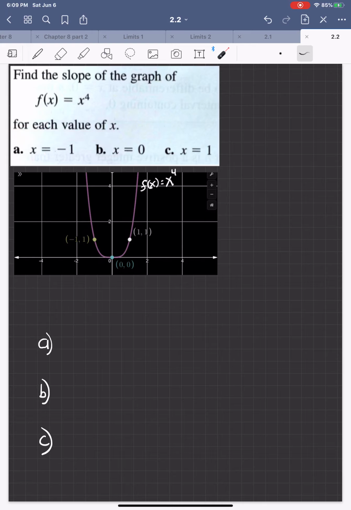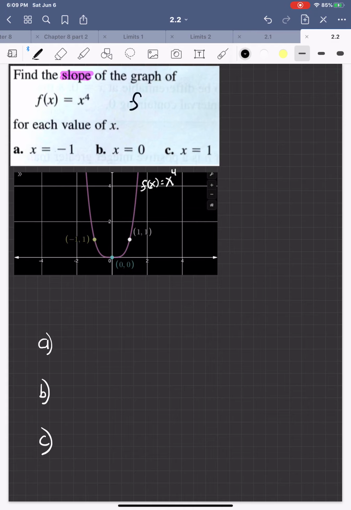So let's really quickly, when in doubt in a calculus class, take a derivative. If you want to find the slope of something, you should automatically be thinking, okay, that means I'm going to need the derivative, f prime of x. I'm going to change that color just so it's a little bit easier on the eyes.